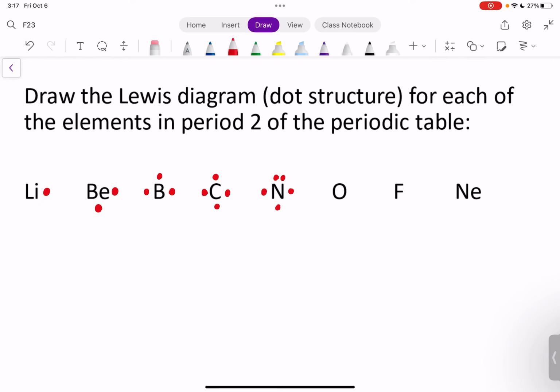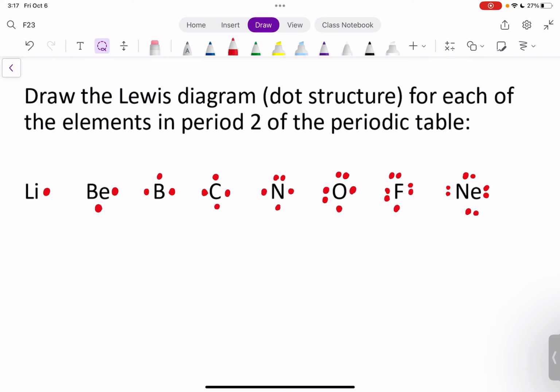All right, oxygen is in group 6A, so it has 6 valence electrons. So let's start 1, 2, 3, 4. Now we've got 1 on each side, so let's start pairing up 5 and 6, something like that. Fluorine, we've got 1, 2, 3, 4, 5, 6, and 7. And then neon, we've got 1 and 2 and 3 and 4 and 5 and 6 and 7 and 8.